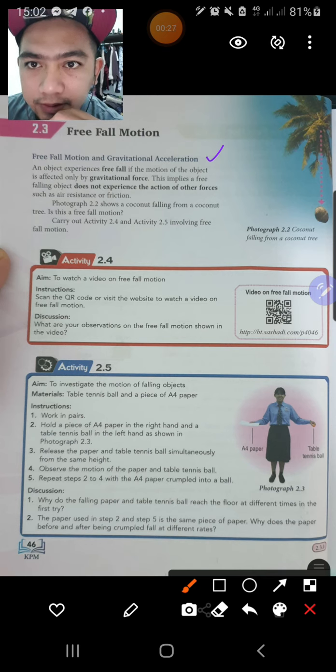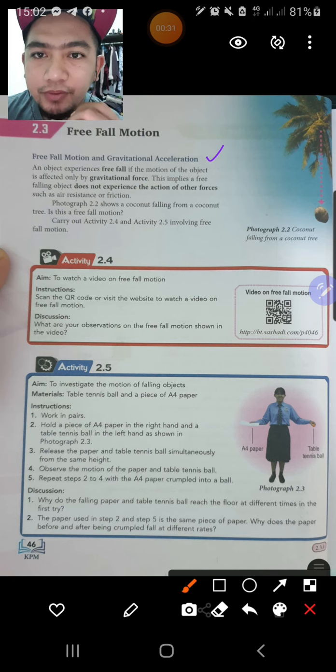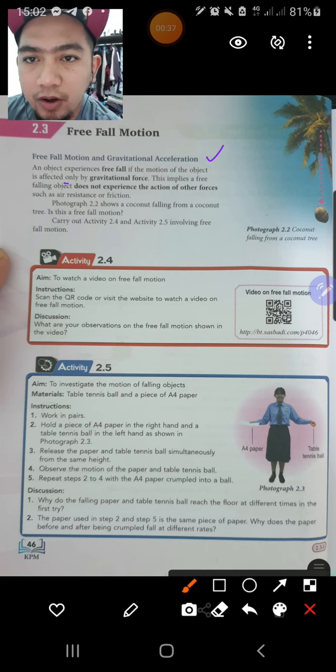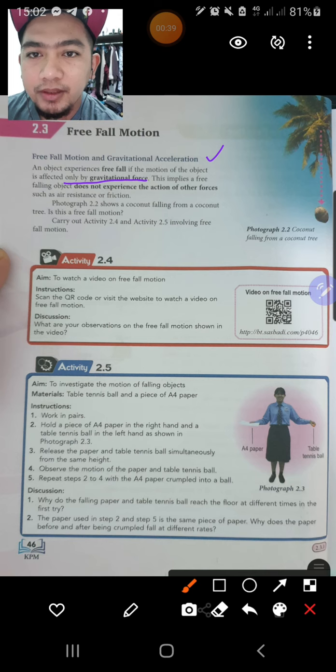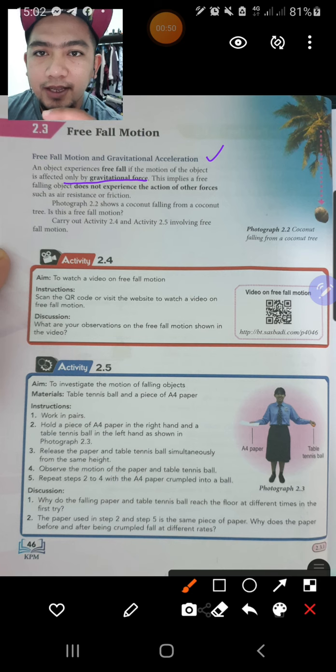Okay, let's discuss. An object experiences free fall if the motion of the object is affected only by gravitational force. Okay, means kalau free fall motion ni jatuh bebas, dia hanya disebabkan oleh daya graviti sahaja.